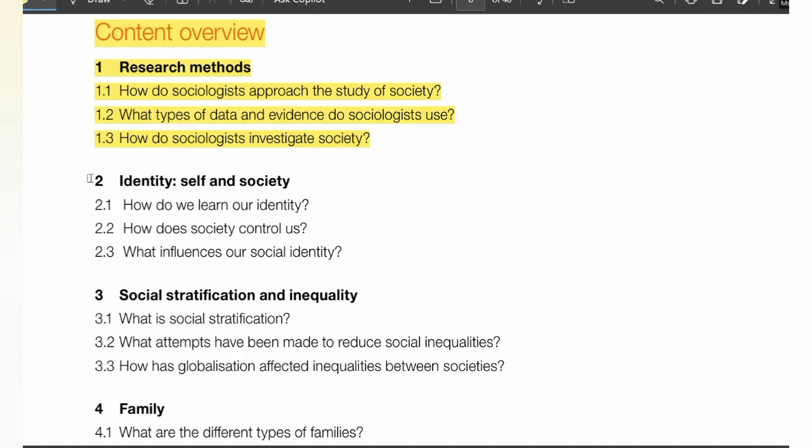Then it comes to identity, which covers self and society: how an individual owns his or her identity, what factors affect her or his identity as a person in society, and how society works, how social control and social agencies make people comply with the norms and practices, the do's and don'ts of being a part of society. Then, what influences our social identity?